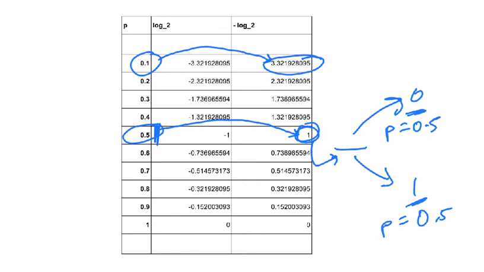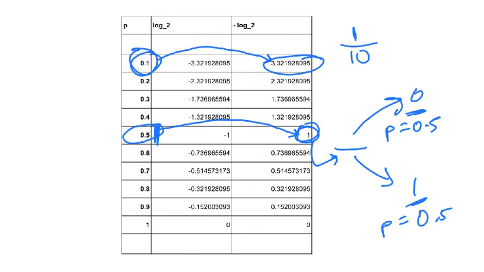So let's consider 0.1. What is the meaning of 0.1? It's like having a 10-sided coin or dice. So 0.1 is 1 over 10. And what can generate 10 possible values?